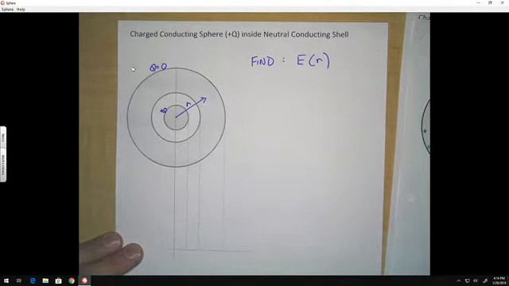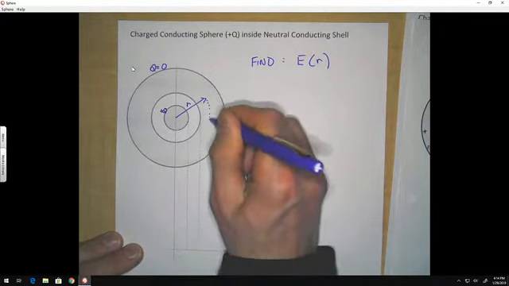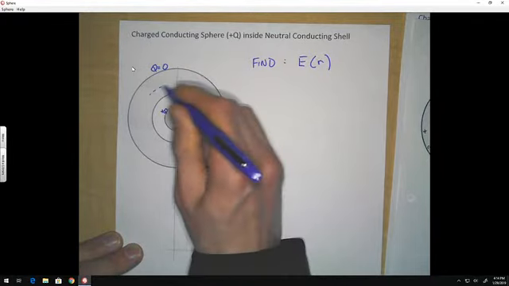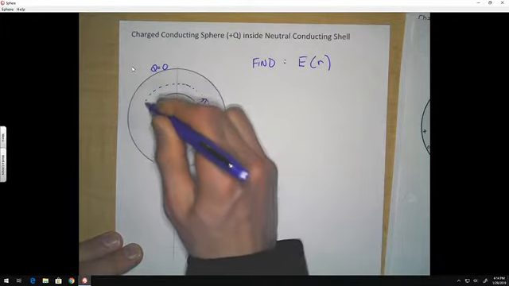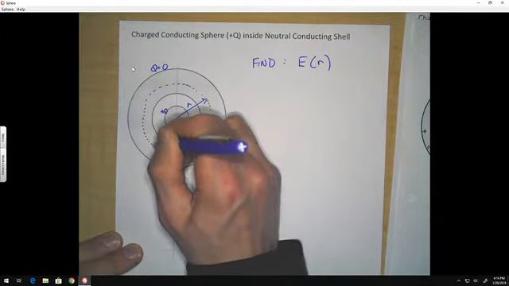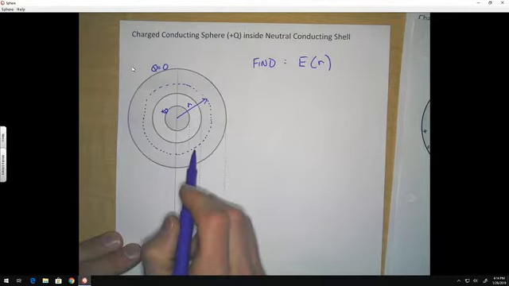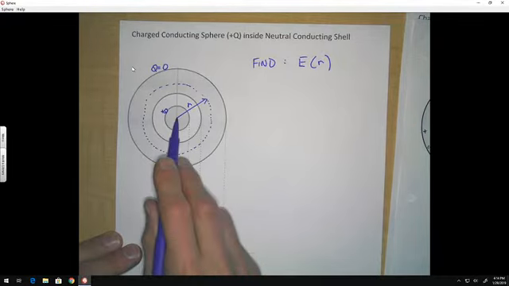Now, I'm not going to draw all of the different Gaussian surfaces, but I'm going to draw one. Let me just draw it here because it's easy to fit it in. The Gaussian surfaces that we're dealing with are going to be spherical, and they're going to be centered on the object.